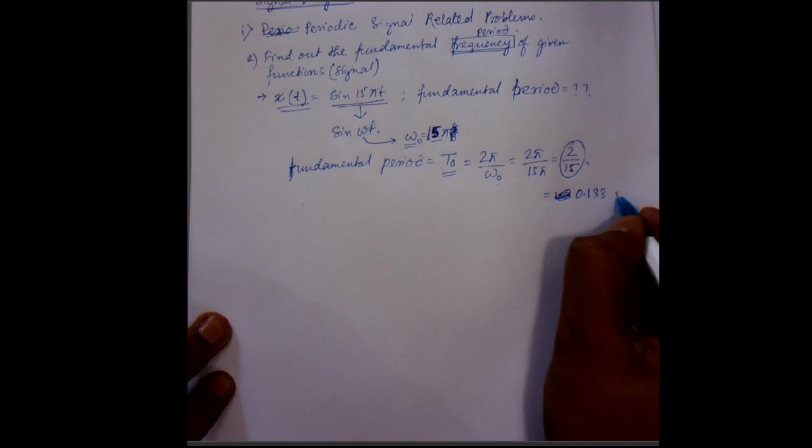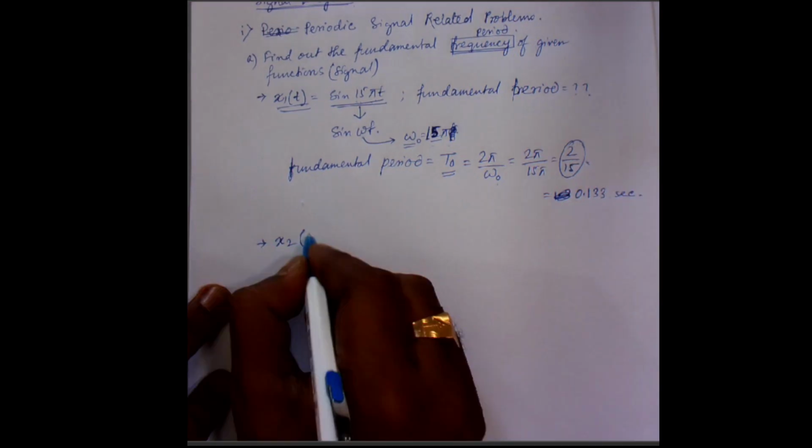Now I am giving you another example. Let us say this is x1 and this is x2. x2(t) equals sin 20 pi t.